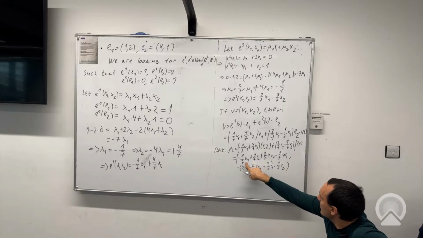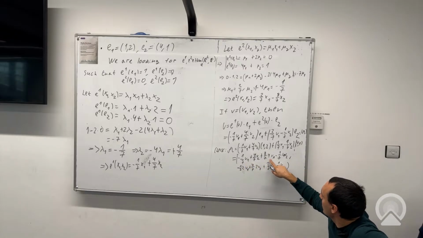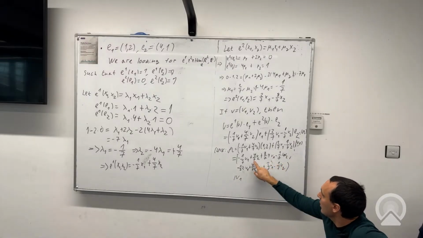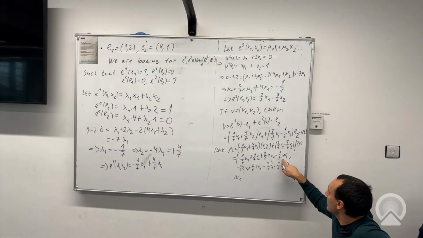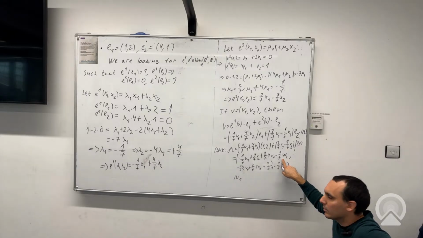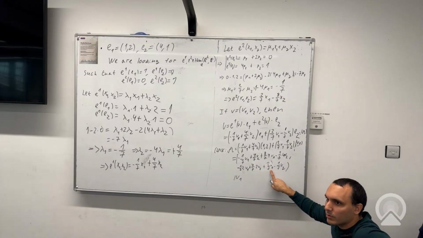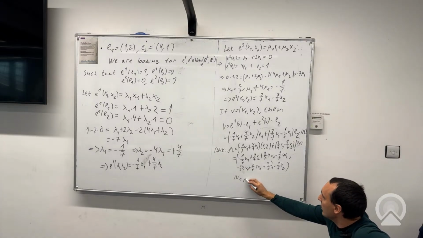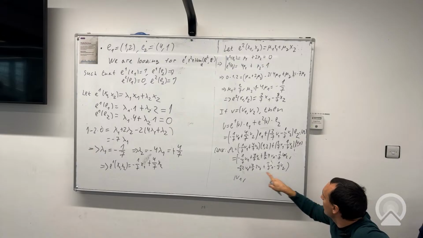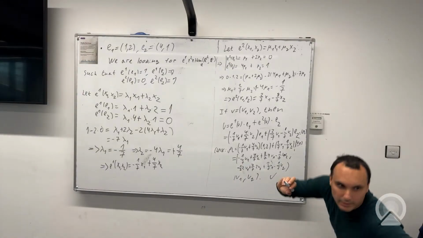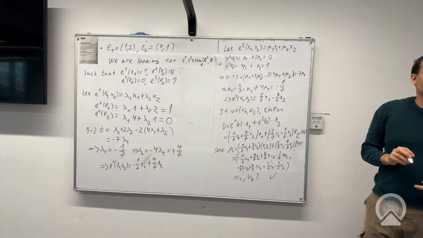So minus 1/7 v1 plus 8/7 v1 is v1. And 4/7 v2 minus 4/7 v2 is gone. Minus 1/7 times 2 is minus 2/7, plus 2/7. Here in the second component we don't have v1. And we have 8/7 v2 minus 1/7 v2, so it's v2. Okay, this is fine. And now let's make a break.